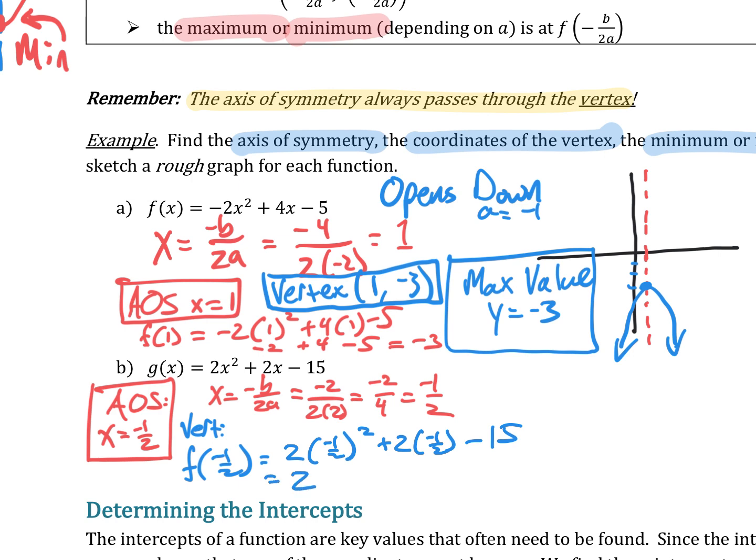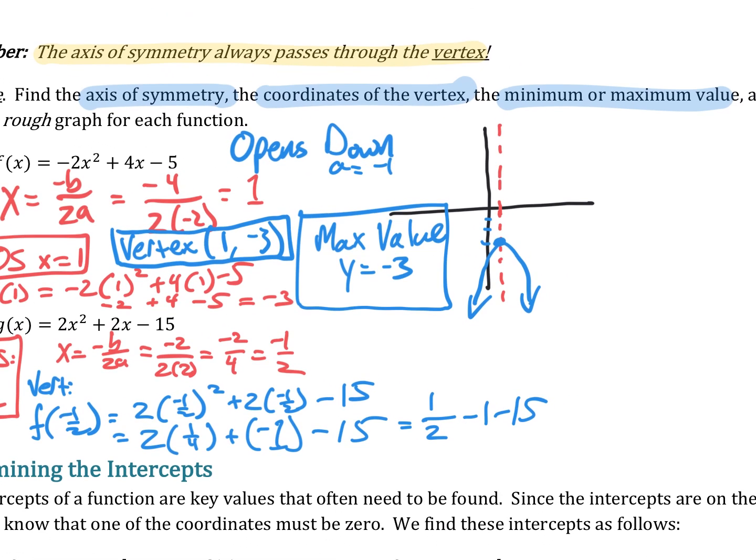So 2 times negative 1/2 squared would be 1/2 times 1/2, which is a fourth. And this is going to be negative 1, because 2 times 1/2 is 1. And so it looks like we got 1/2. 2 times a fourth is a half. Minus 1 minus 15. And that's like a half minus 16 there. So that's going to be negative 15.5.